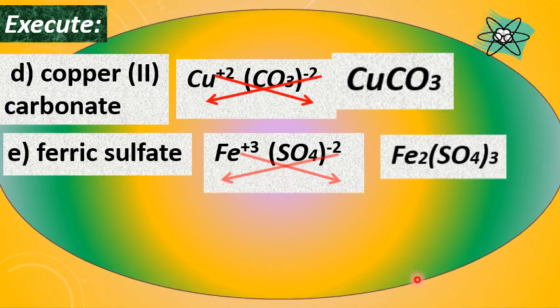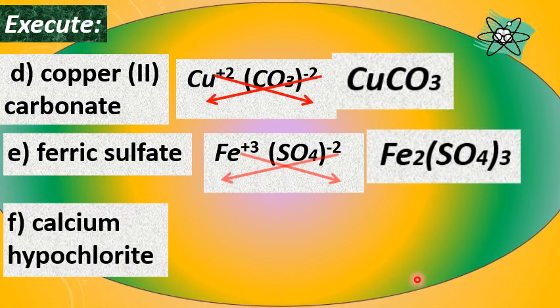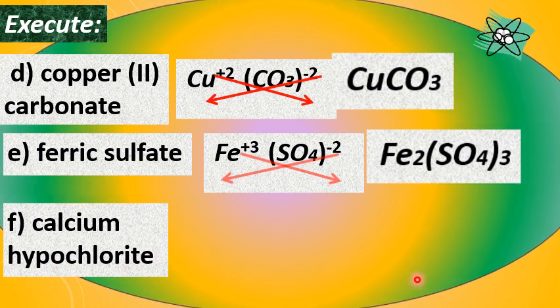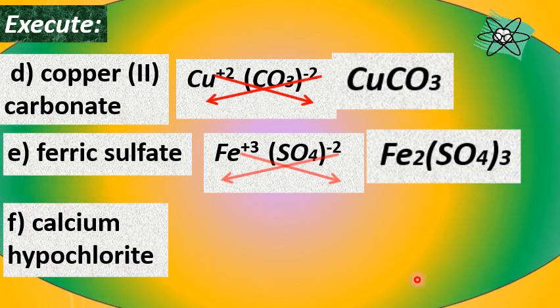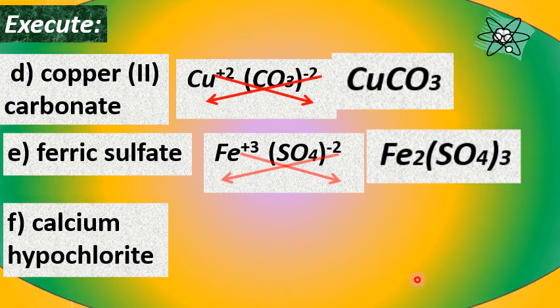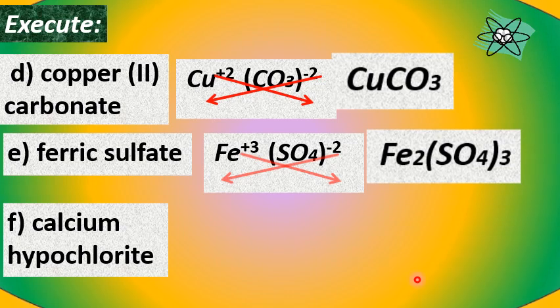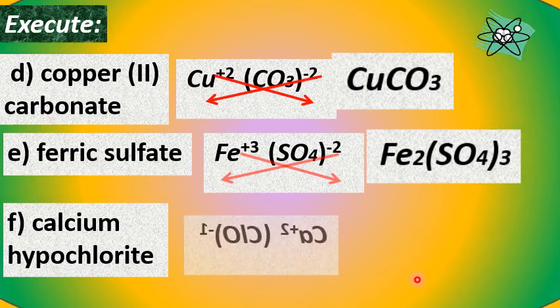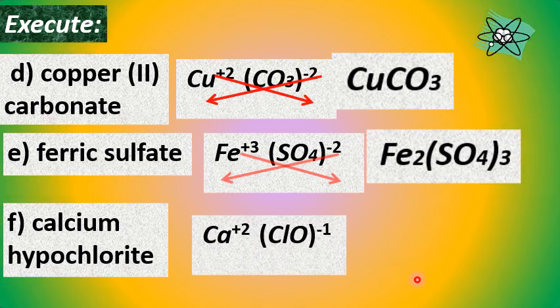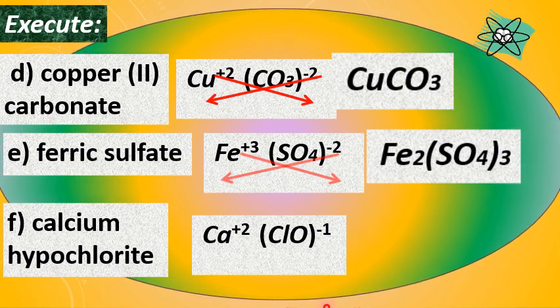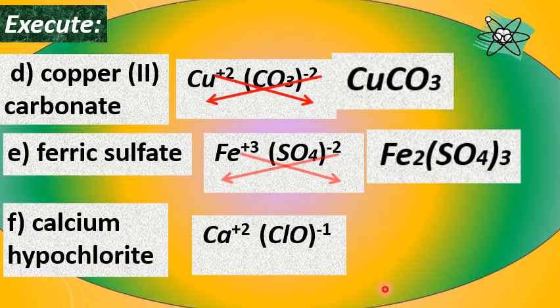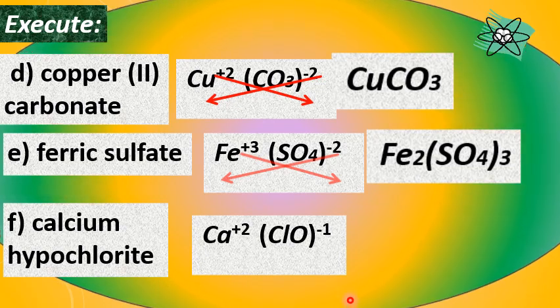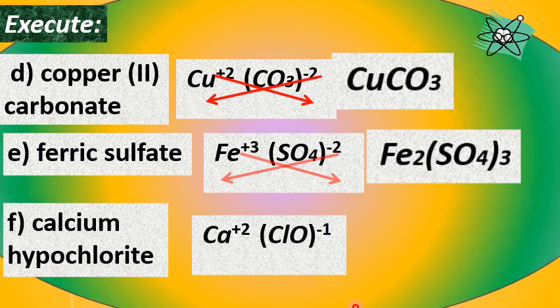All right, the last one for this question is calcium hypochlorite. Calcium hypochlorite is the result of the combination of the positive 2 calcium ion and the negative 1 hypochlorite polyatomic ion.